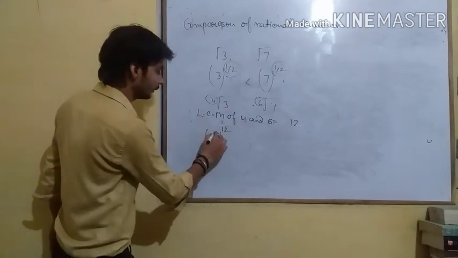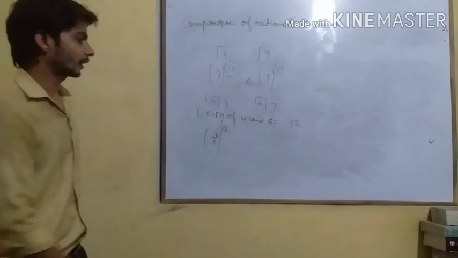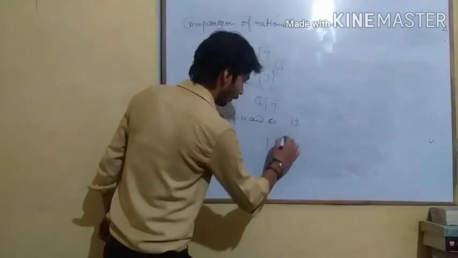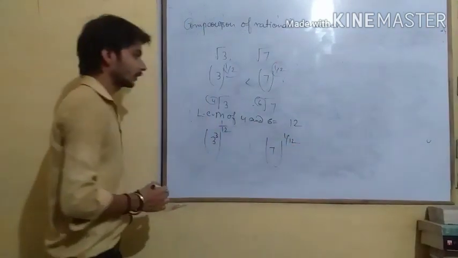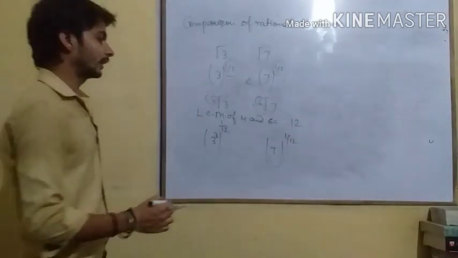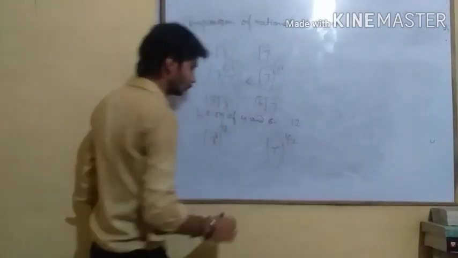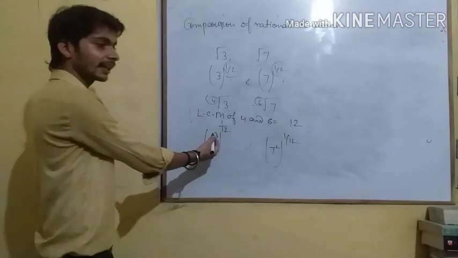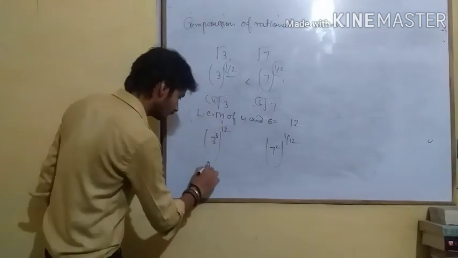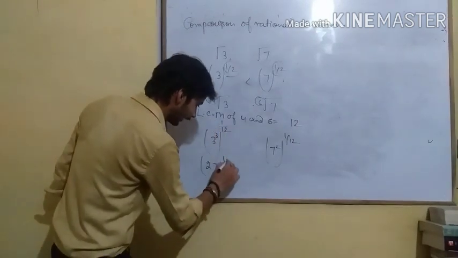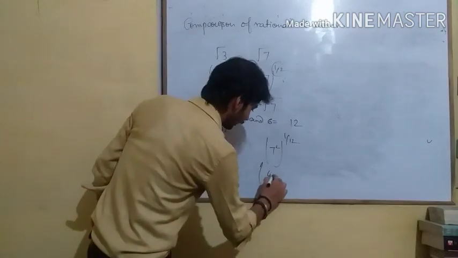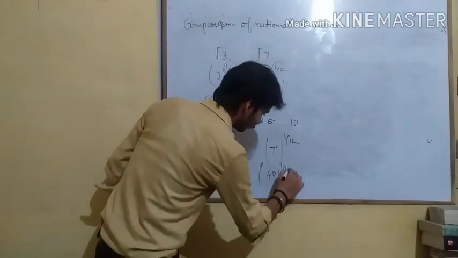And in 7 to the power 1 by 6, 6 twos are 12, it means 7 to the power 2. And we get 3 threes are 9, 9 threes are 27, to the power 1 by 12, and here 49 to the power 1 by 12.